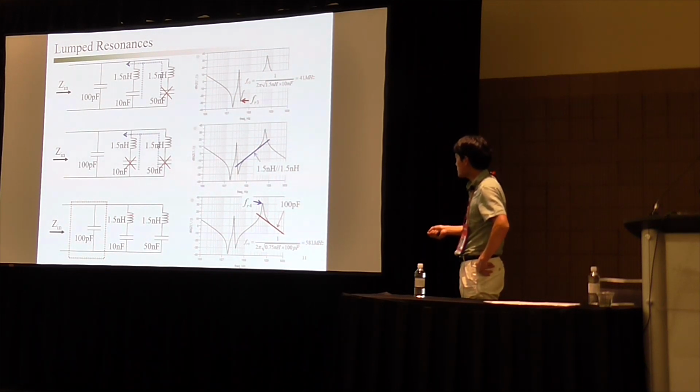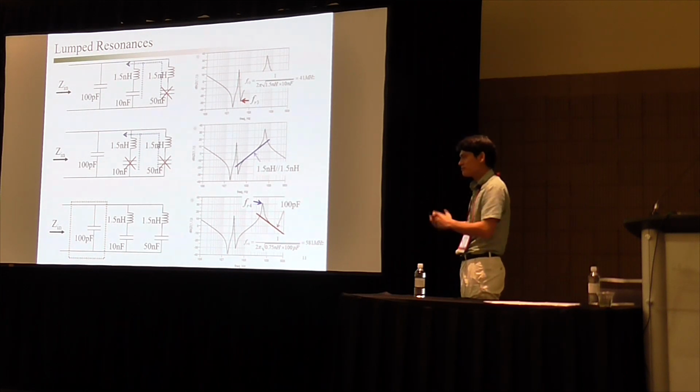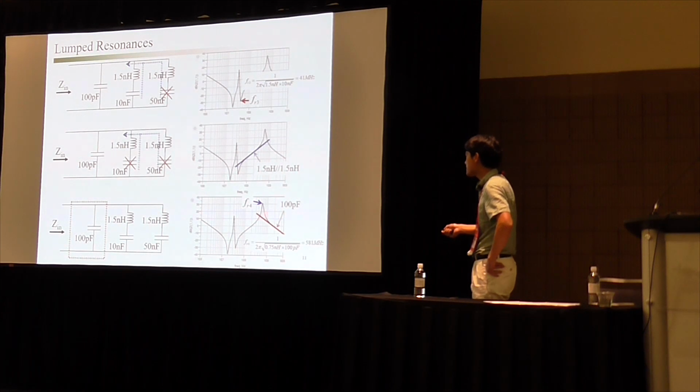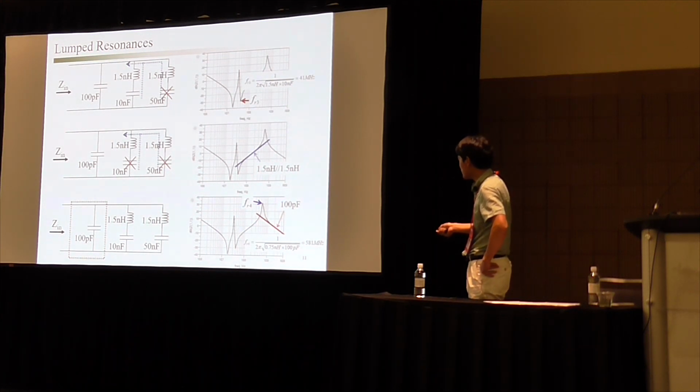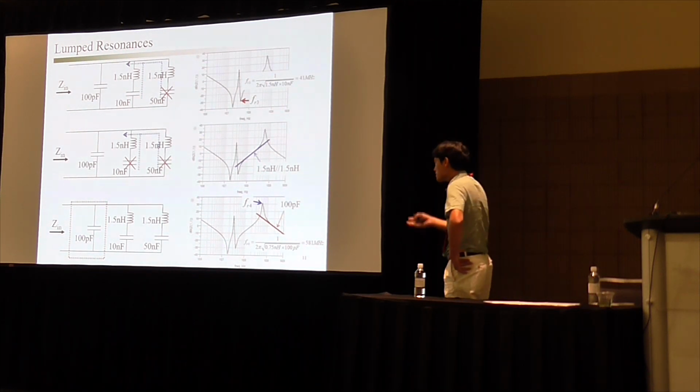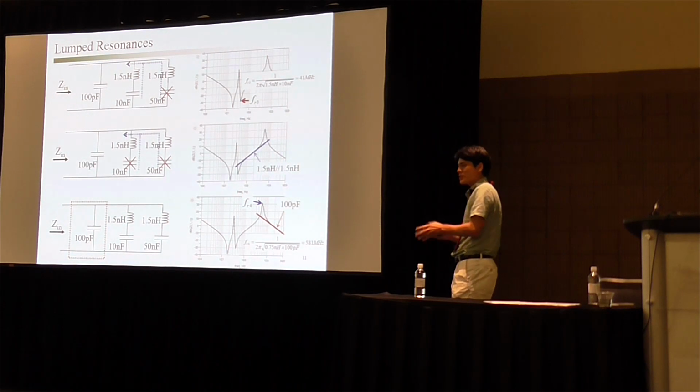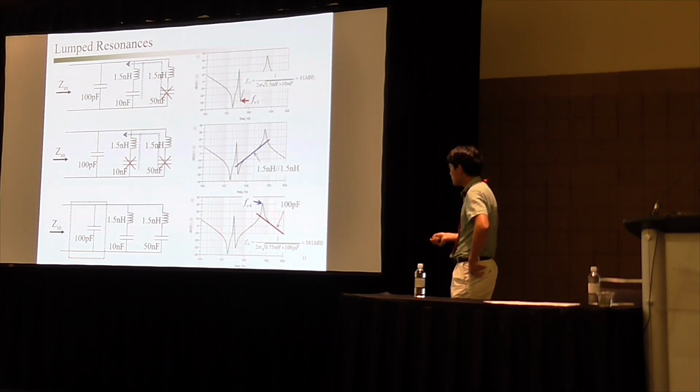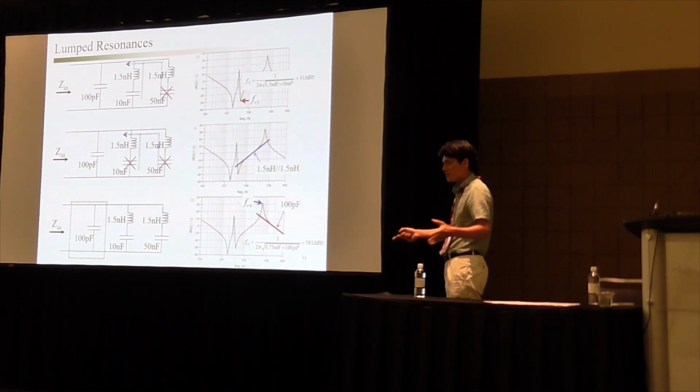And then lastly, this inductance will resonate with this capacitor. They are in parallel, so we see this parallel resonance. After that, we only see the 100 picofarad effect. So it's all about the LC circuits, right? Based on this LC analysis, we know this region is dominated by all the capacitors.